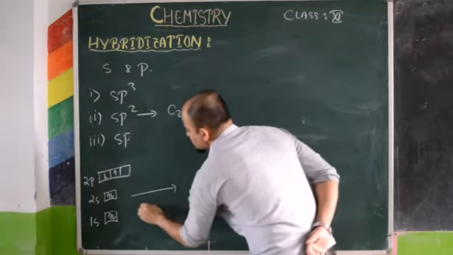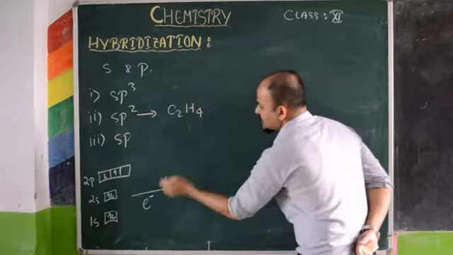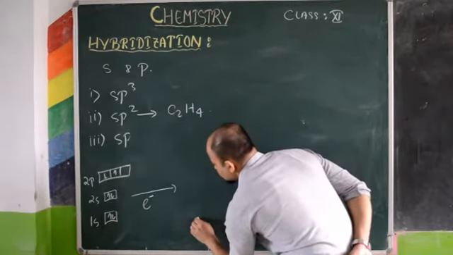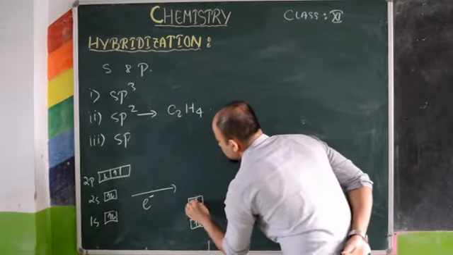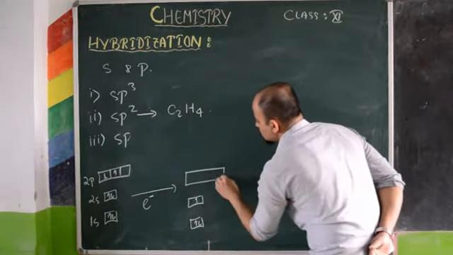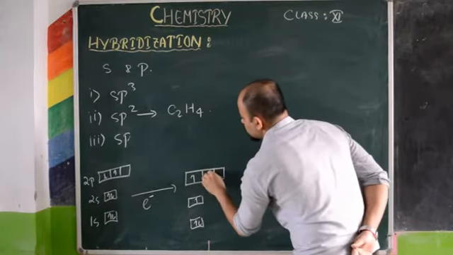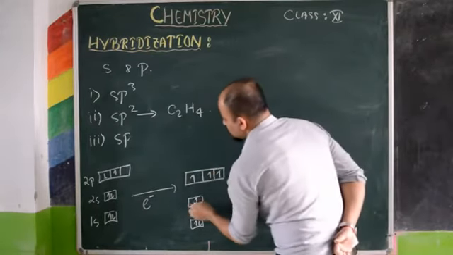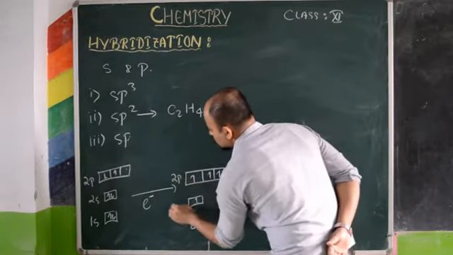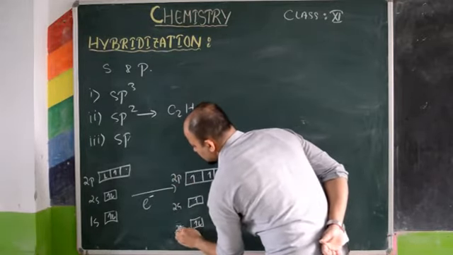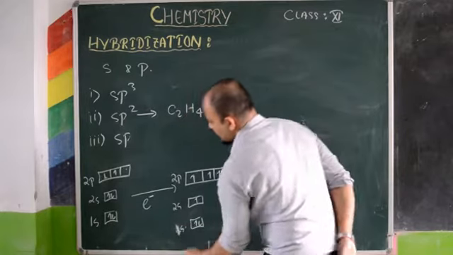Once energy is given and the electron is excited, what will happen? As in the previous case, the 2s electron will be promoted to the 2p orbital. This is 2s and this is 1s.